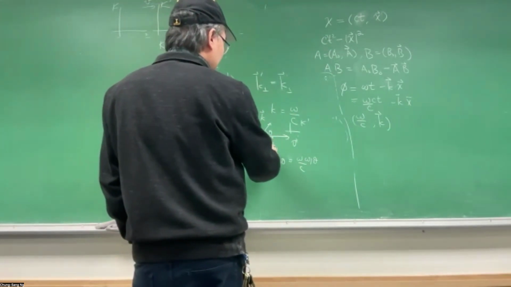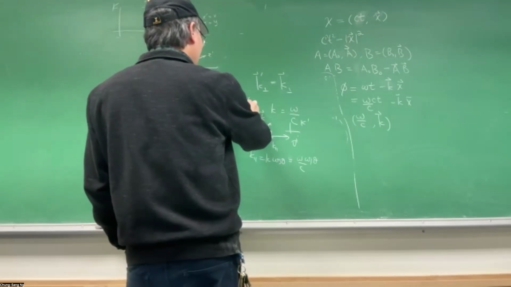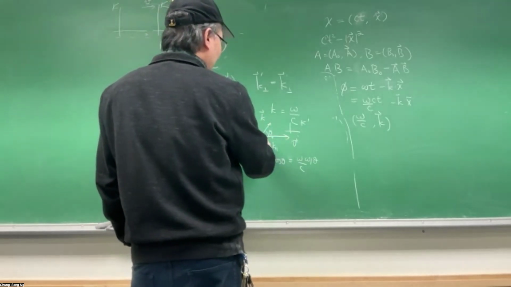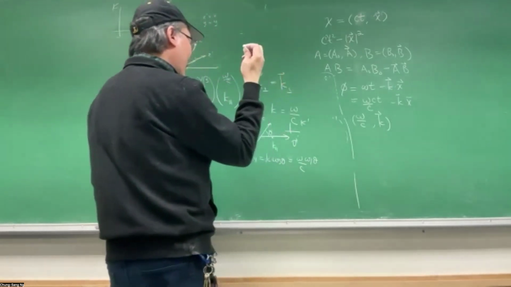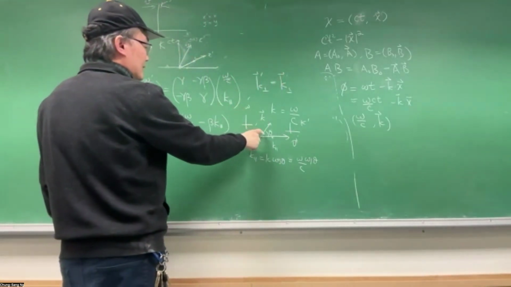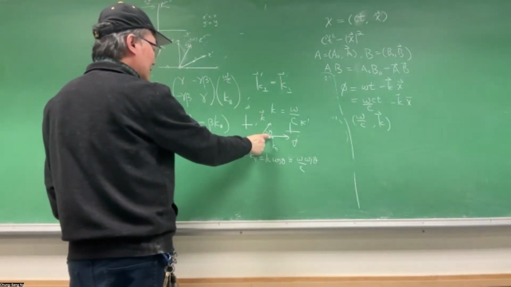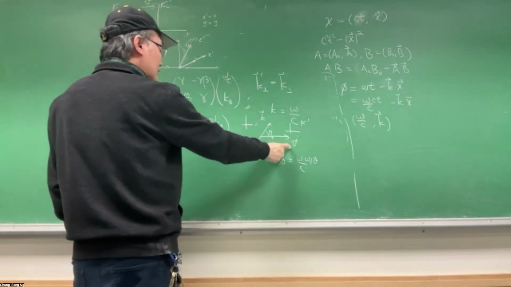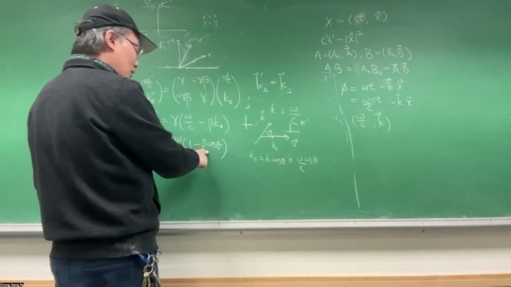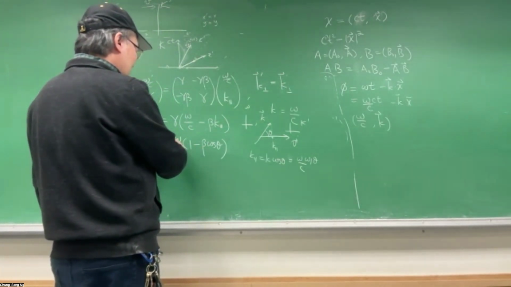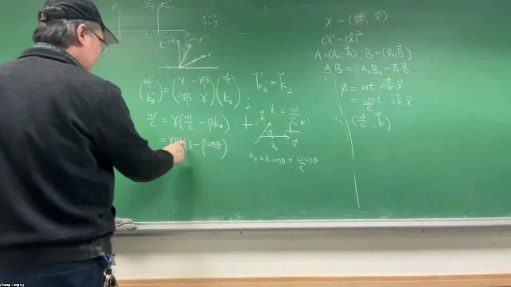If in the K frame you have omega, then in the K prime frame, if you are moving away from the source, then you receive the wave, and theta will be 0. And so the frequency you observe in the K prime frame would have 1 minus beta, which is smaller than 1. So it means the frequency omega, actually I need to consider this gamma.